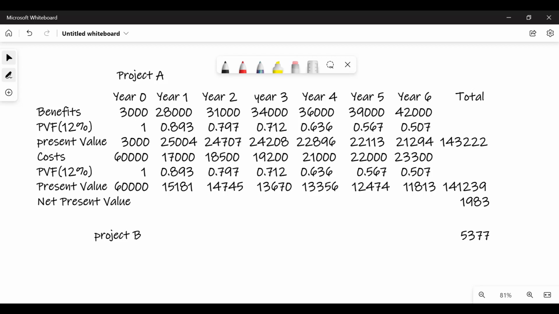Compared to payback analysis, net present value analysis considers all the costs and benefits. The payback usually checks when the benefits reach the cost. At the same time, present value analysis considers the timing of costs and benefits and the time value of money, which is very important, right?